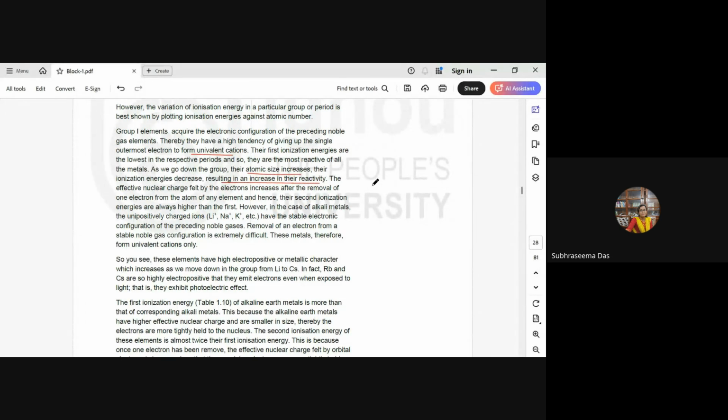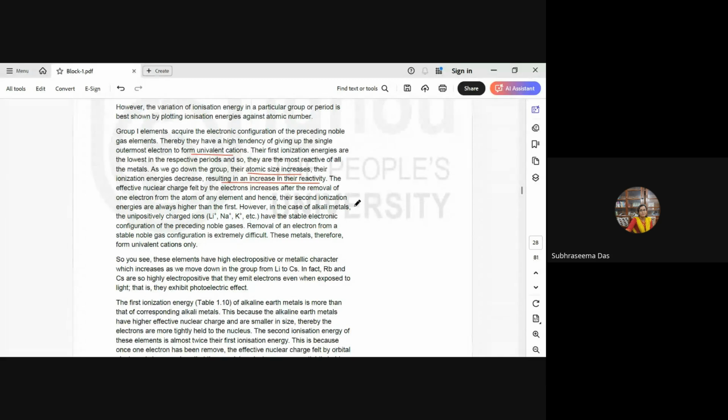The effective nuclear charge felt by the electrons increases after the removal of one electron. After one electron has been removed from group 1 elements, the removal of the second electron is very difficult. Why?